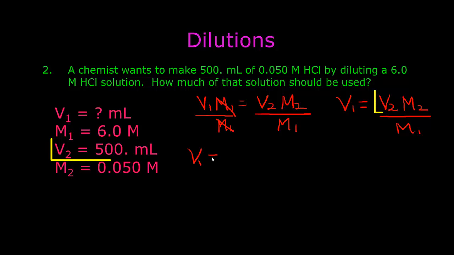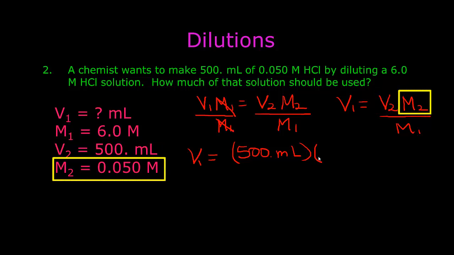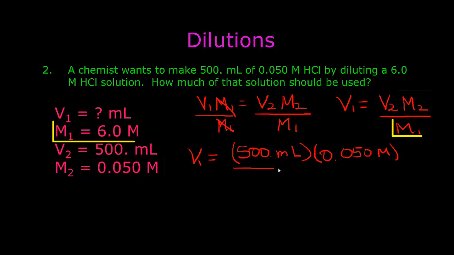Now I'm going to plug that in. V2 is 500 milliliters. M2 is 0.05 molar. And M1 is 6 molar. I have a molarity on top and a molarity on bottom, so they go away.